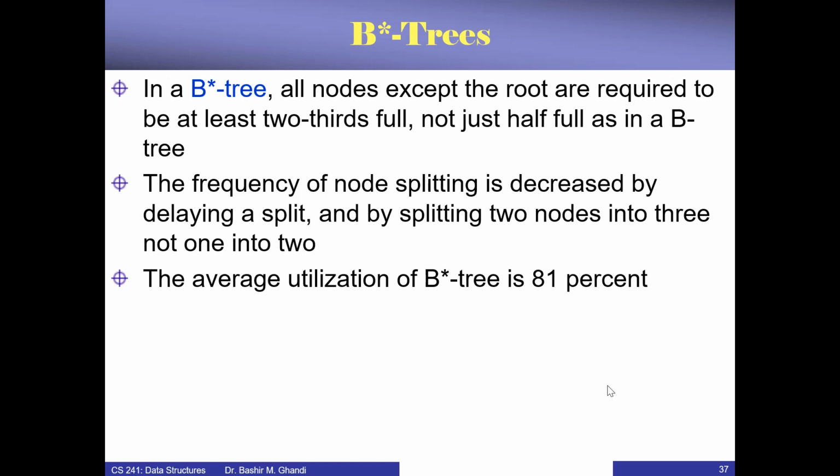The second difference is that when you do the splitting, we don't split just a single node. We split 2 full siblings into 3 nodes, so that insertion can still be done after that splitting.